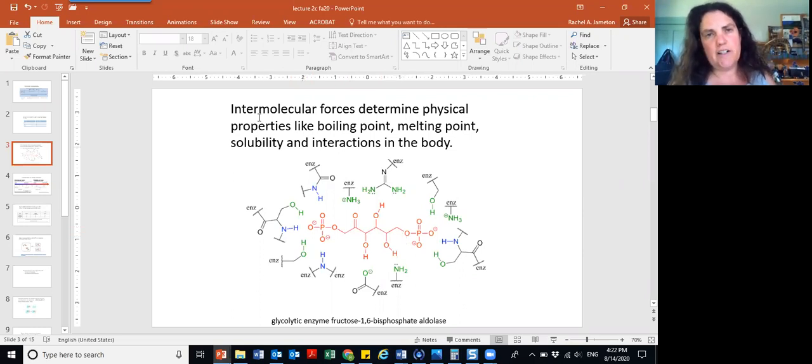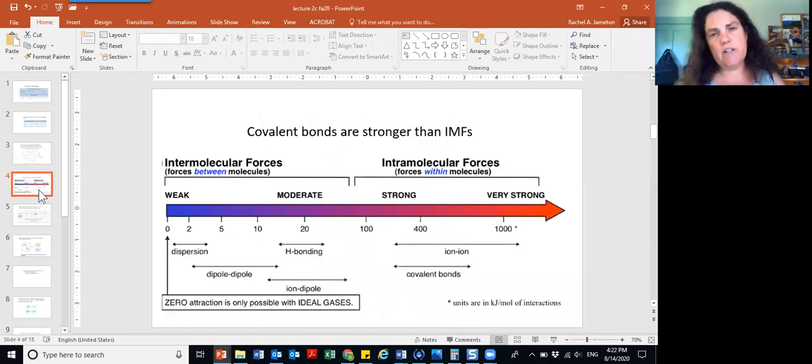An intermolecular force means that there are forces occurring between different molecules, or sometimes within larger single molecules like enzymes or DNA. They determine properties like boiling point, melting point, solubility, etc. So one thing to remember about intermolecular forces, IMFs, is that they are always weaker than things like covalent bonds.